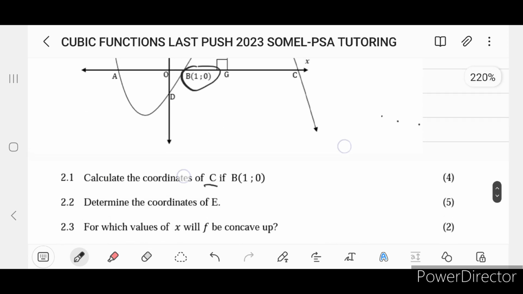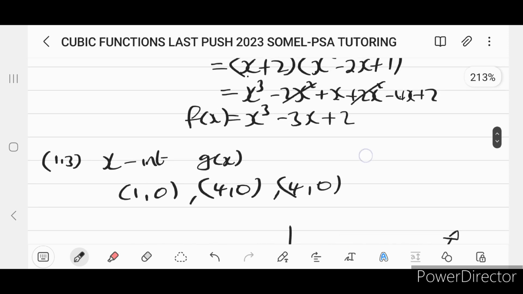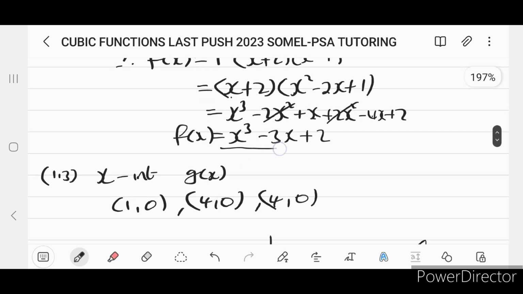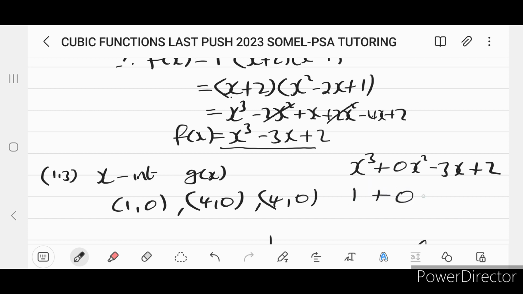Let's say for instance the equation that we had here does not have the x squared, so that means it's going to be x cubed plus 0x squared minus 3x plus 2. So the coefficients will be 1, 0, minus 3, 2.